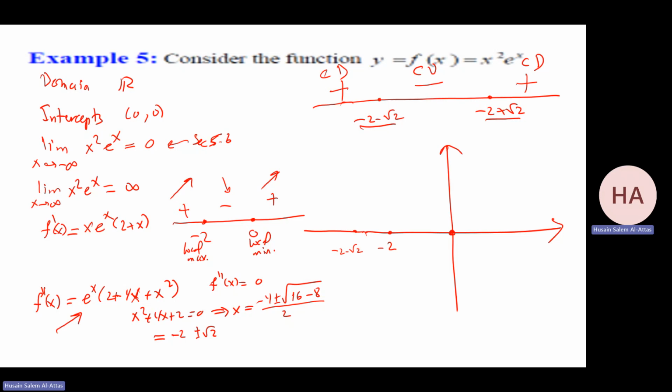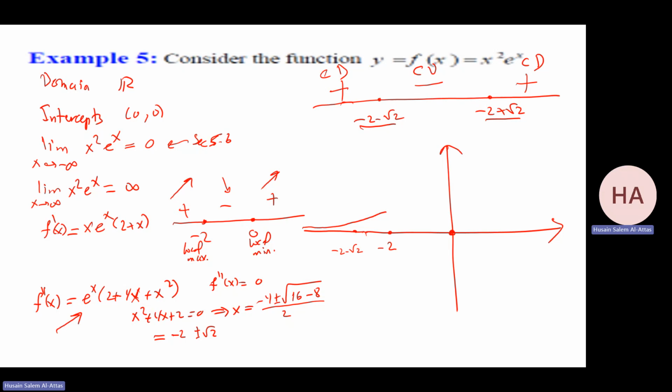So it will increase until minus 2. And it will be concave down, then concave up, increasing, concave up until here. Not that big. It will concave increase slowly here. Then it will concave down.